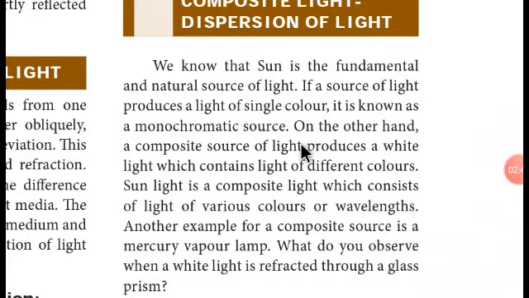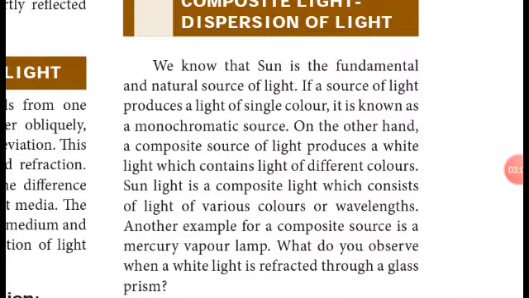So if you see a red color bulb which is emitting red color light, then that source is called a monochromatic source, because it's emitting just red light alone. It's not going to mix red and blue or emit some different color.